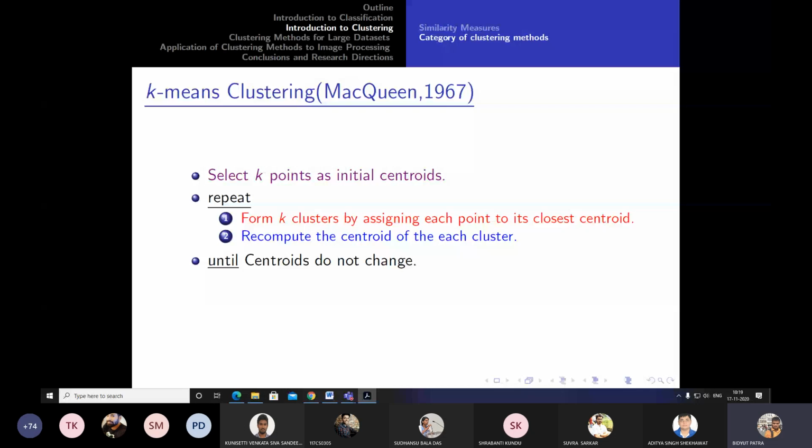How do you compute the centroid? You compute the average of the points. You keep on doing this until successive iterations show no change in the centroid. Every time, the centroid value changes and the centroid moves to a much denser region of the points.